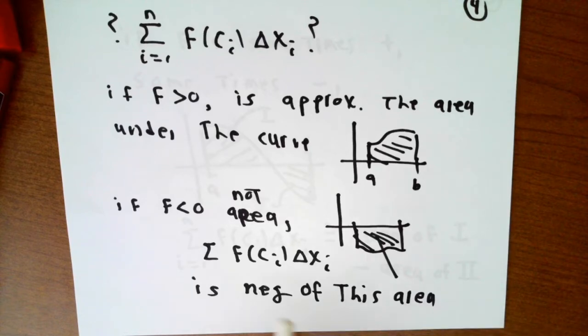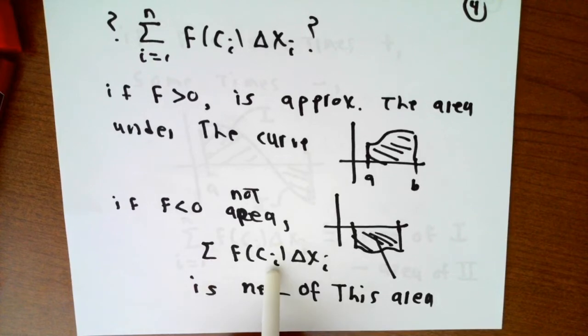Each individual term is approximately the negative of the area of one of those rectangles, so the sum is not the area of this region, it's the negative of the area of that region. In this case, the sum will be negative, not positive.